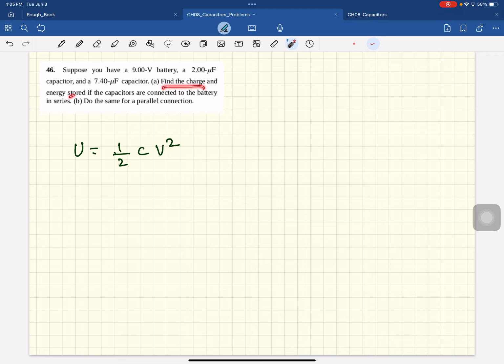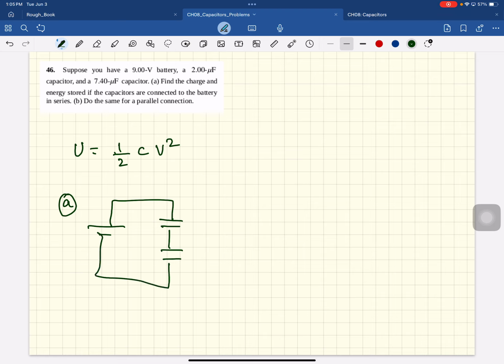Find the charge and energy stored if the capacitors are connected in series. So I'm just going to calculate the energy stored, okay? Series combination, 2 microfarads and 7.4 microfarads.